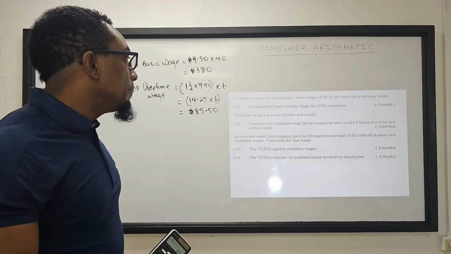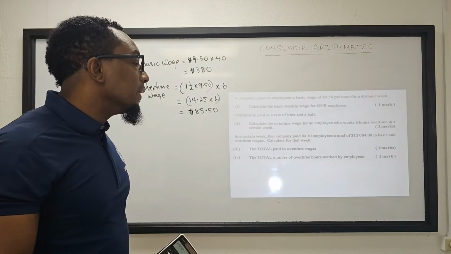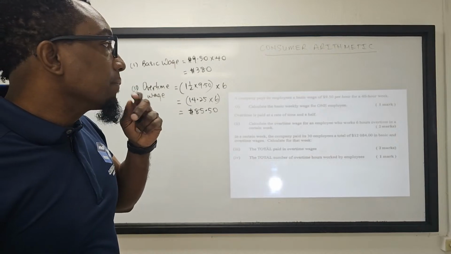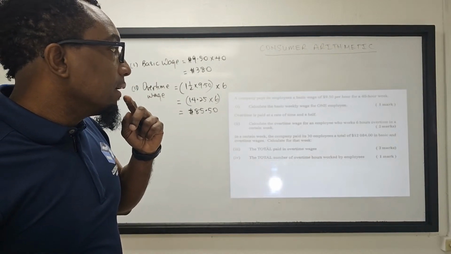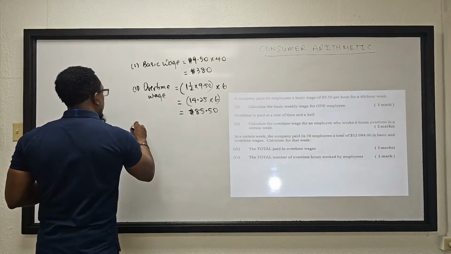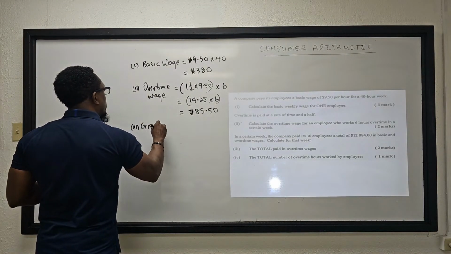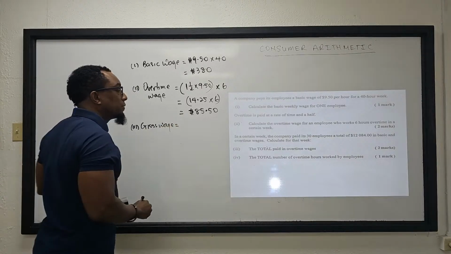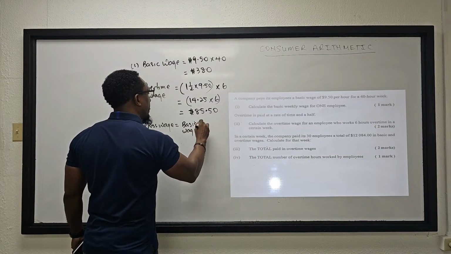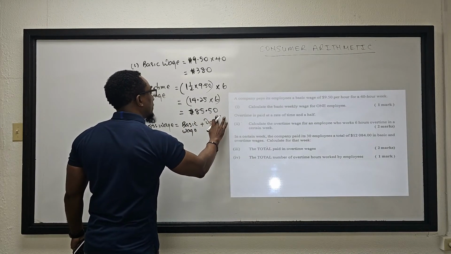What is the total paid in overtime wage? So remember that $12,084 represents the gross wage. So we're going to part 3. This is the gross wage, which is your basic wage plus overtime wage.